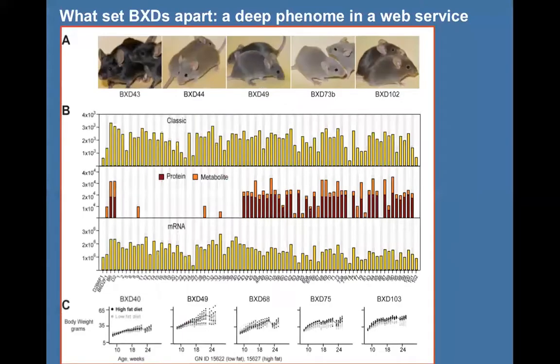I'm going to skip this slide in the interest of simplicity, but it really just says that you need to titrate the complexity of your problem. You can either have a very reduced system, which is quite simple to handle, but may not generalize well to human populations or to other mice or rats. And so it's sort of a Goldilocks problem. How do you get the right level of complexity in your system? The BXDs are pretty complex.